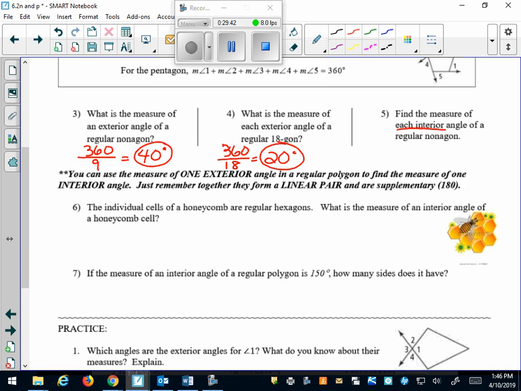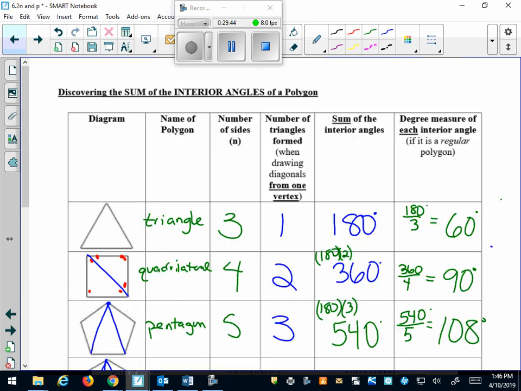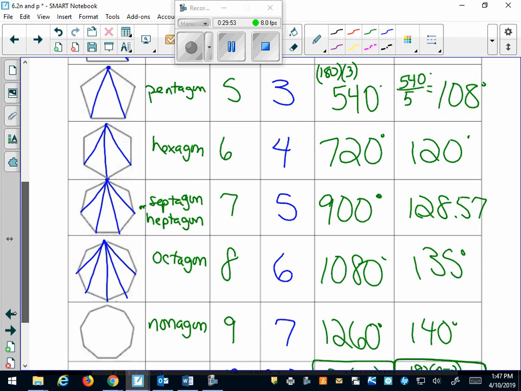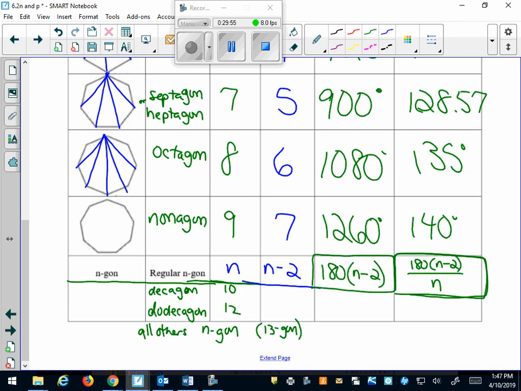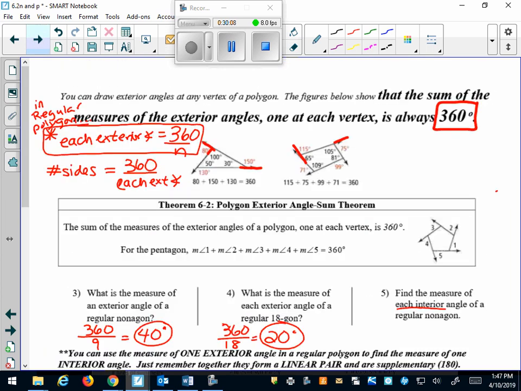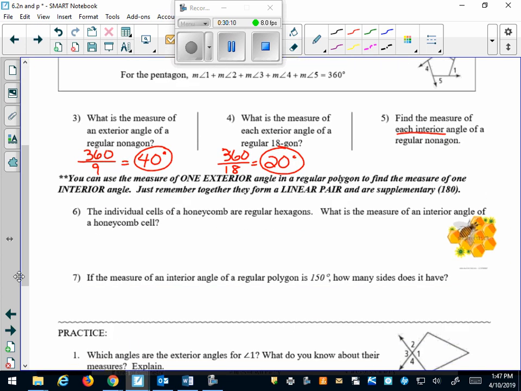Two pages ago, we had a column that said the degree measure of each interior angle of a regular polygon can be found by doing 180 times n minus 2 divided by n. In other words, find the sum of the measures of the interior angles and then divide by the number of sides, and that will get you each interior angle. But I don't want you to do it that way.